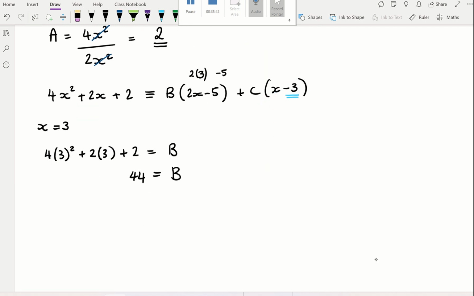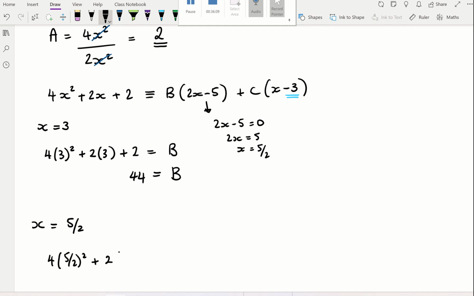And then I'm going to do the same thing, but with this. So how do I find what x is? I would say this equals 0, so this gives me 2x equals 5, x equals 5 over 2. So when x equals 5 over 2, I'm going to substitute that in again. 4 times 5 over 2 squared plus 2 times 5 over 2 plus 2. Of course, this is now 0, and I'm going to substitute 5 over 2 minus 3.